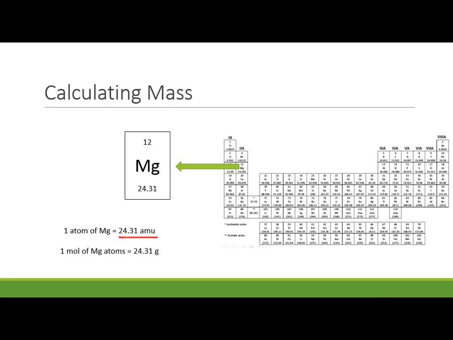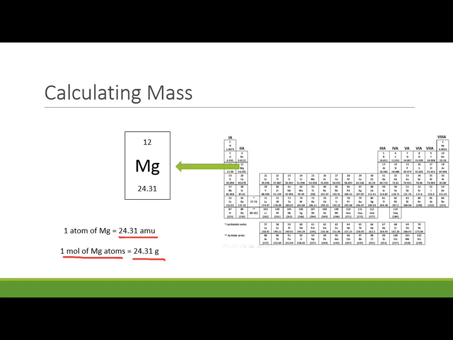But the really cool thing is that if you could count out 1 mole of magnesium atoms, in other words, if you could count out 6.022 times 10 to the 23rd magnesium atoms, stack them all up on a scale, that scale would read 24.31 grams.